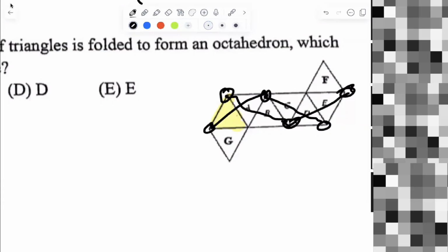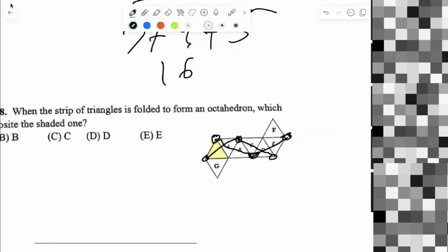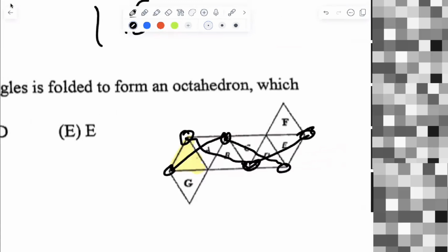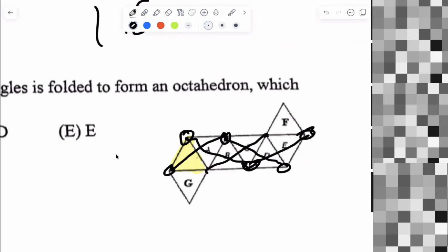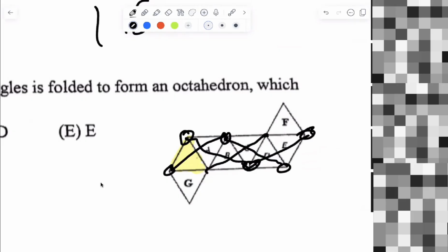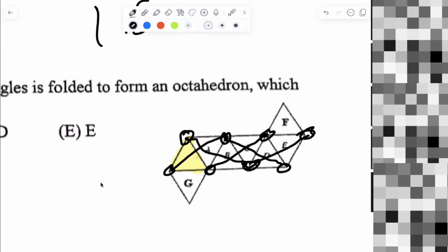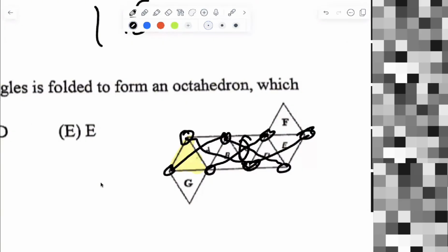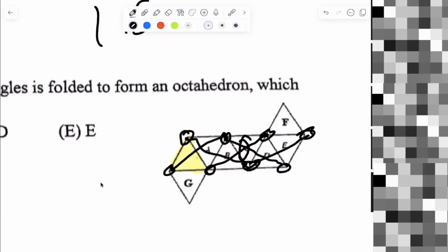From here, you notice that there's only one place where these are actually opposite. These are the same. Since these both intersect on this triangle, C, we can know that these are opposite because they both intersect and it's not alternating.